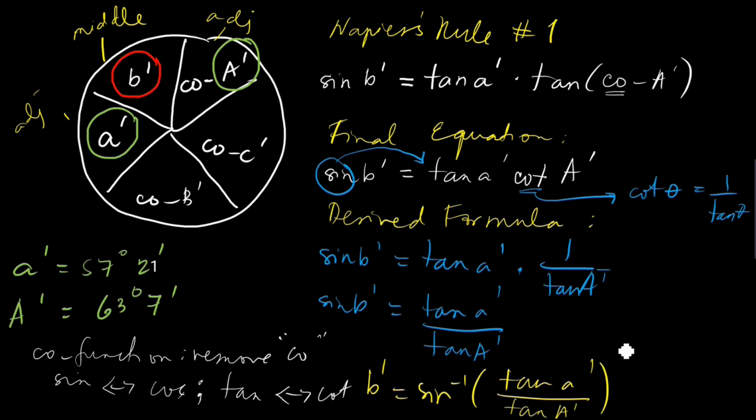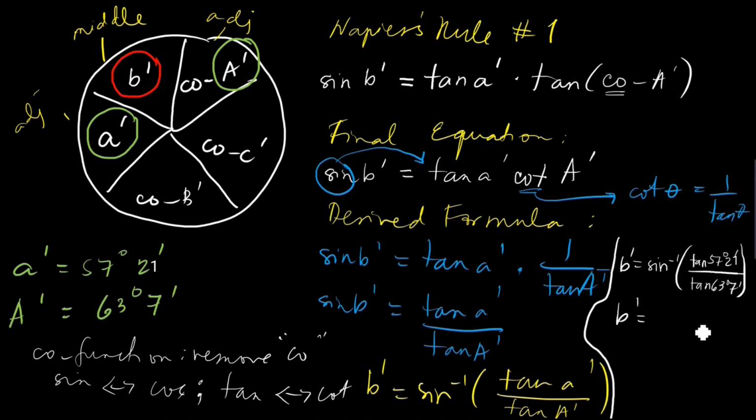After this, we can already substitute. So let us substitute now. B prime equals, okay. Then input it in your calculator. So try to check.